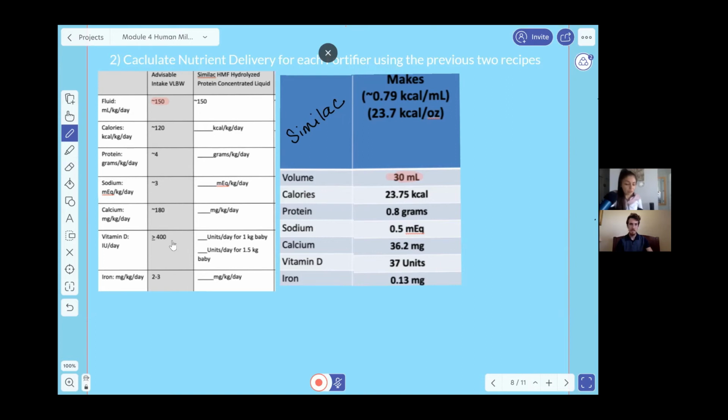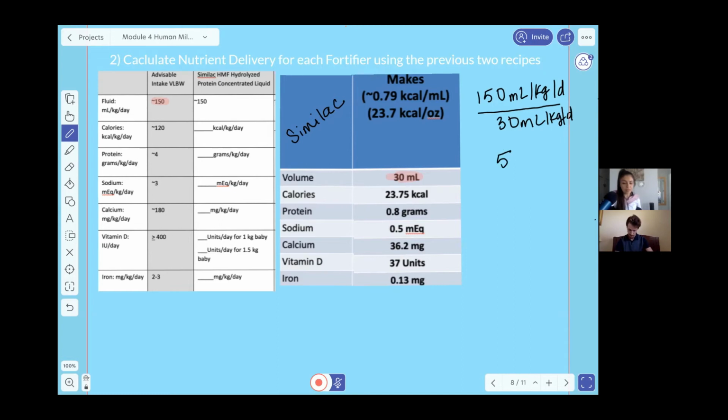So the easiest way to do that would be to get 150 milliliters per kilogram per day, and we're going to divide it by our 30 milliliters. And that's still per kilogram per day. Right? And that gives us 5.